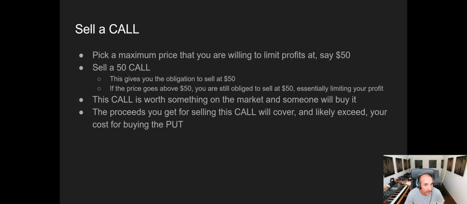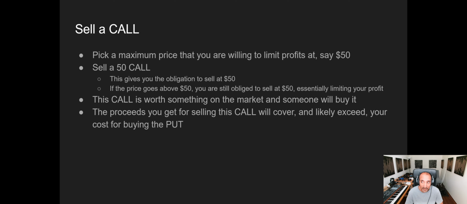So what you do is you sell a call. You pick a maximum price that you're willing to limit the profits at. Let's say in this case, I pick $50, so I sell a 50 call. What this does is it gives you the obligation to sell at $50. If the price goes above $50, you are still obliged to sell at 50.